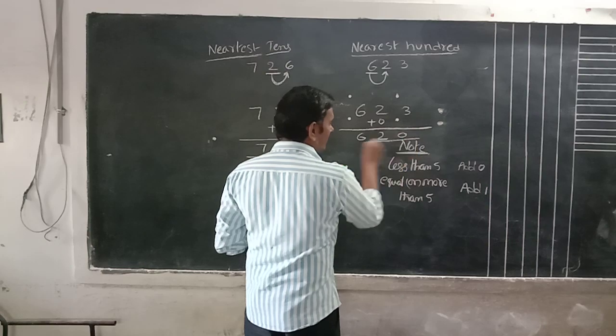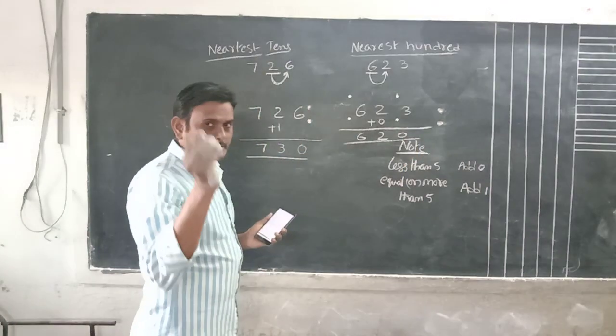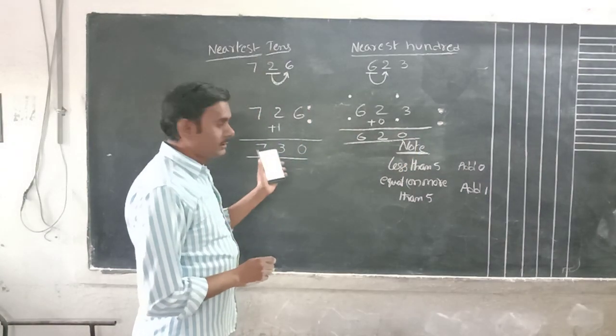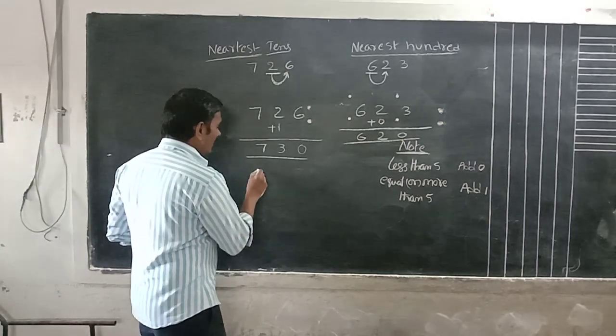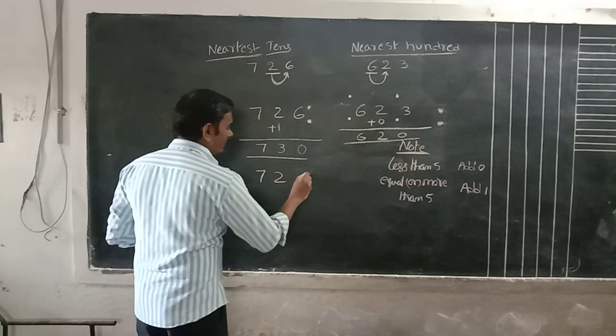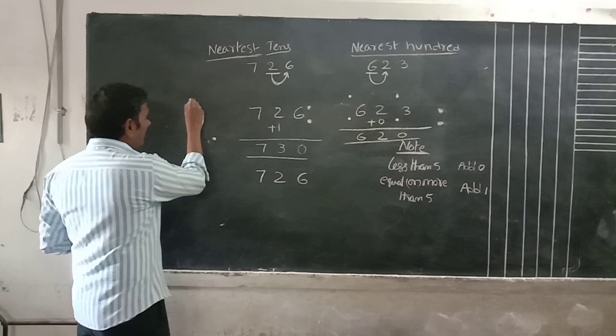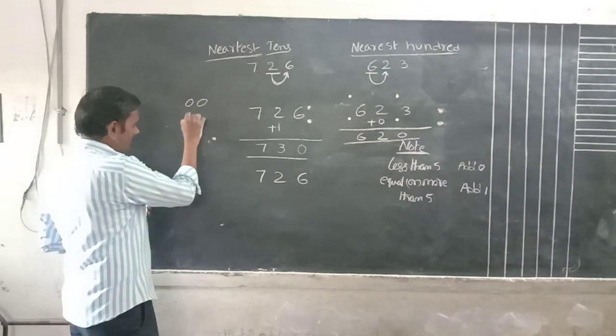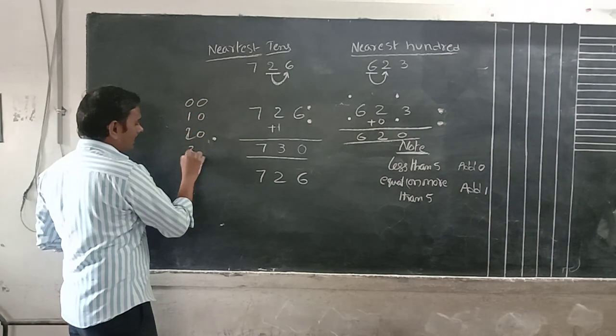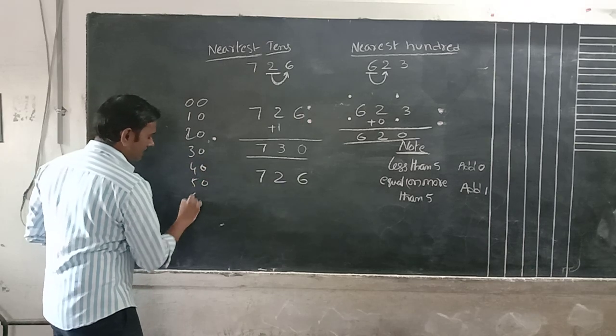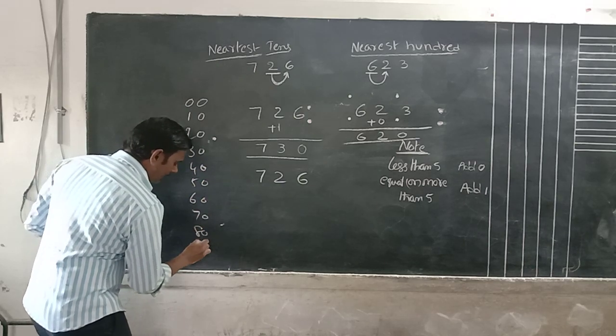This number becomes 0. In the previous class I told you another model, not this model. We have to take 726 and consider two-digit numbers: 0, 10, 20, 30, 40, 50, 60, 70, 80, 90.